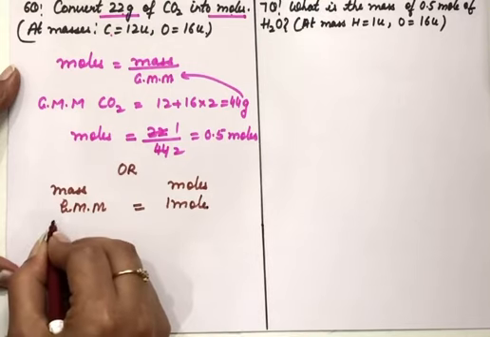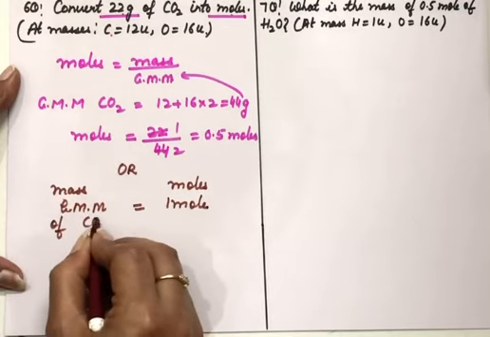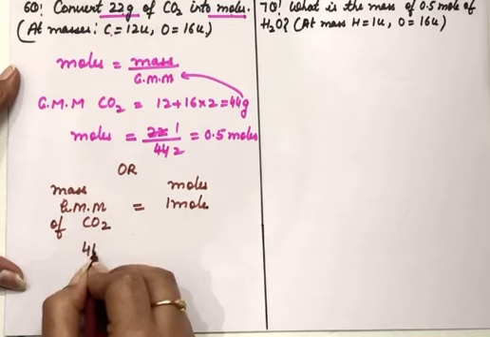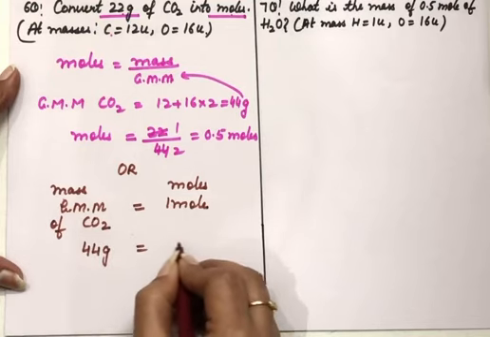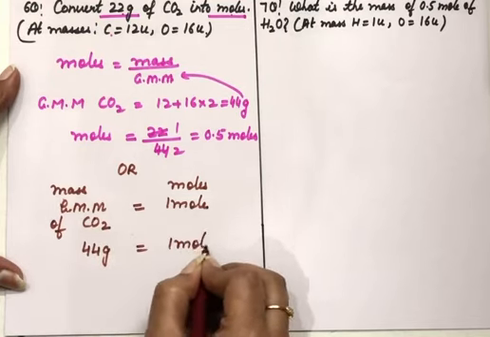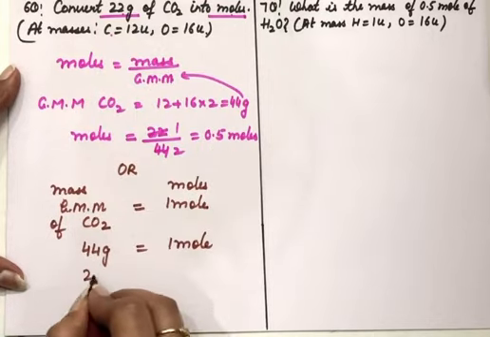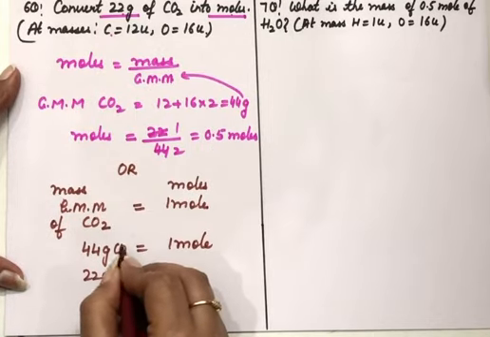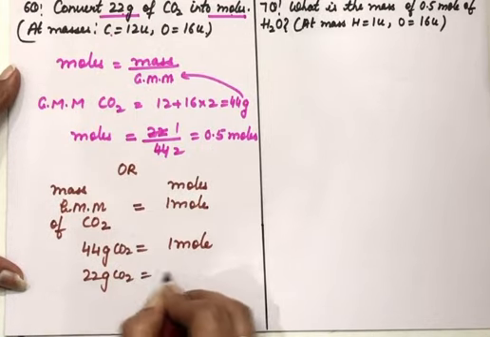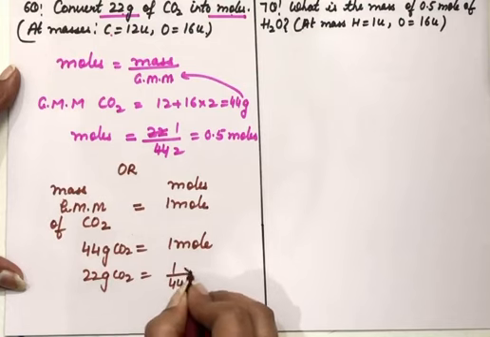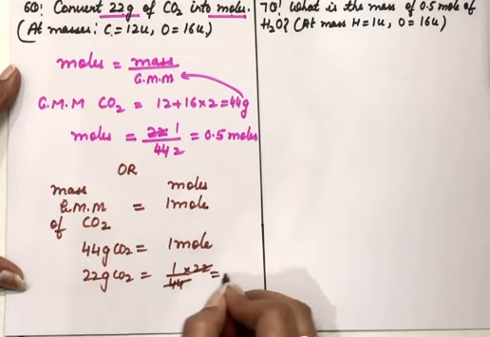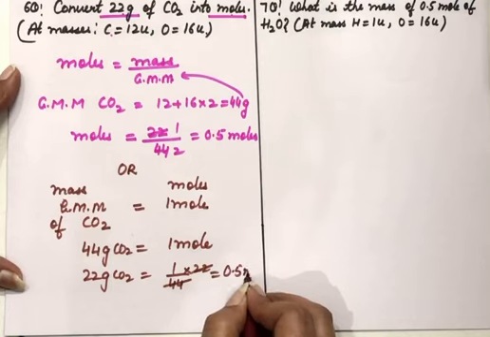So the gram molecular mass of CO2 is 44 grams. So 44 gram is equal to 1 mole, and according to the question, 22 gram CO2 has how many moles? 1 upon 44 into 22, that is equal to 0.5 moles.